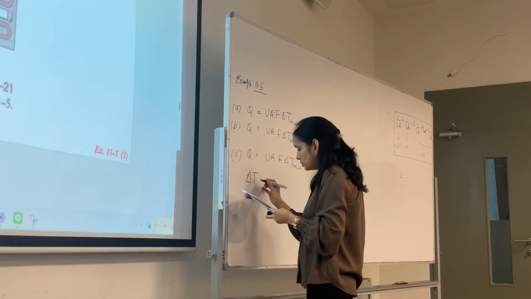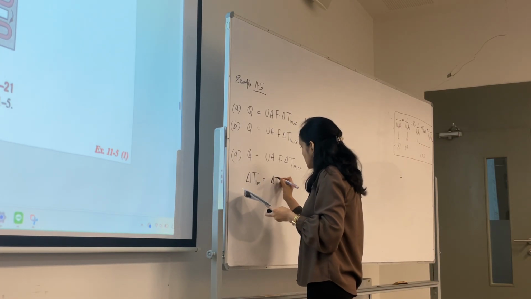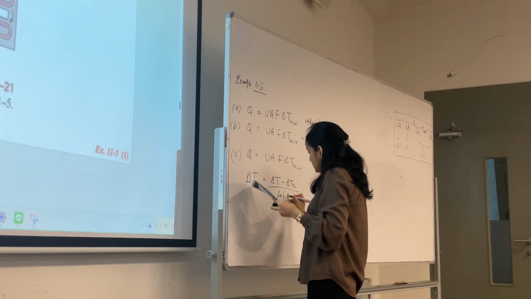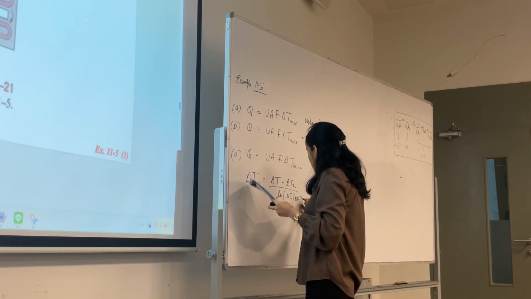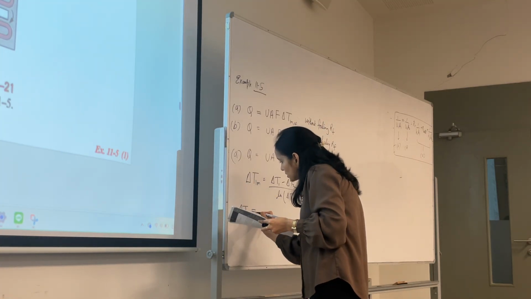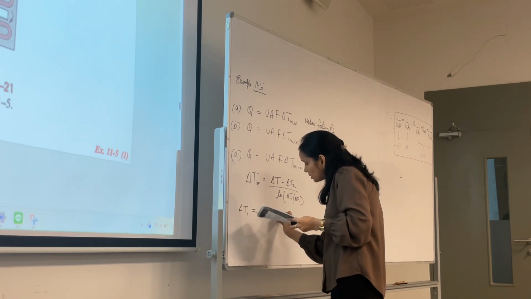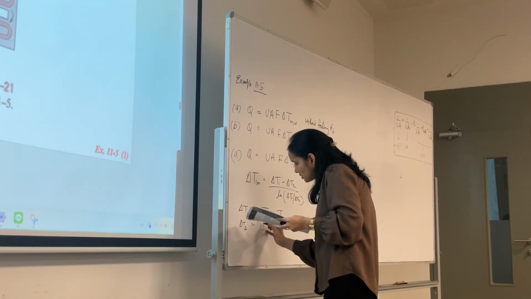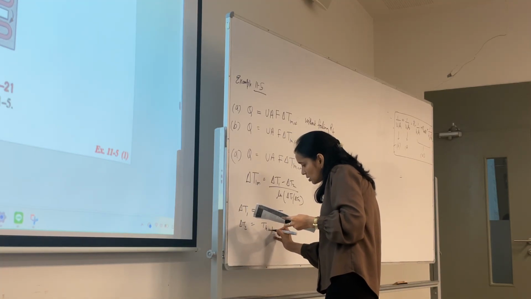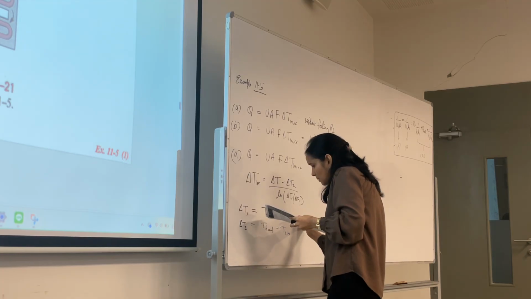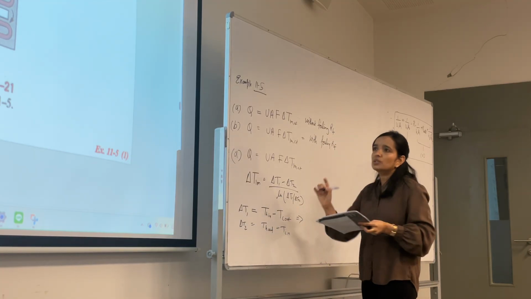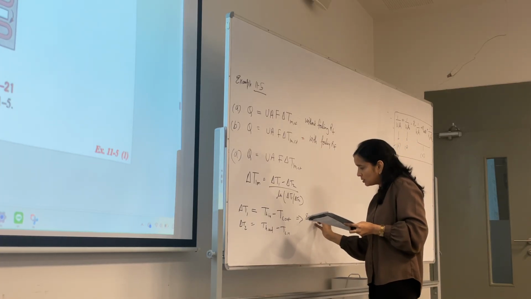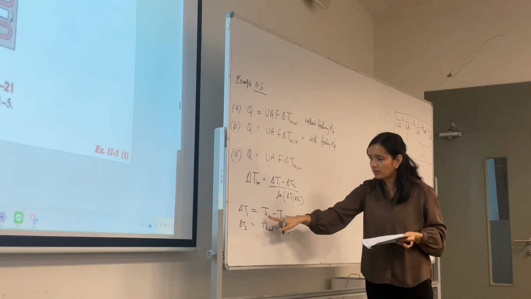So delta T LM is... So the temperature everywhere is given. Okay, so you don't have to calculate temperatures anywhere. Just write this one very carefully.